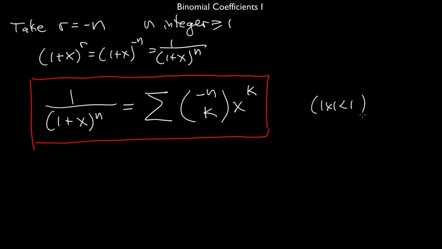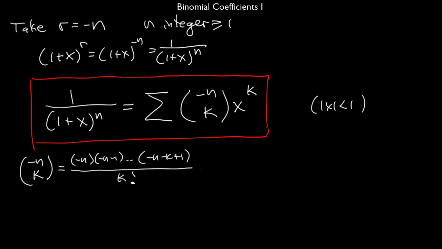What is minus n choose k? Well, let's write it out. Minus n choose k is minus n times minus n minus 1, and so on, k terms, divided by k factorial. And just like before, you write that as (-1)^k times n times (n+1) up to n plus k minus 1, all over k factorial.